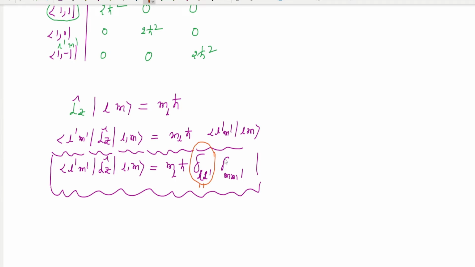Then only you can check this function. This also goes to the normalization condition. In case you get this as 1, same state, then the Kronecker delta function is 1, right? Then you can apply the M_L values. Carefully here, we need to apply the M values, not the L values.